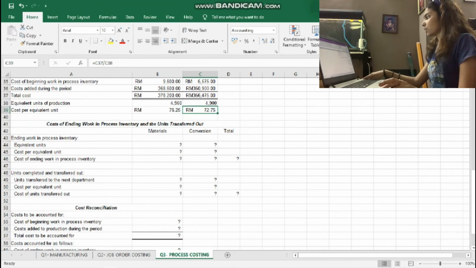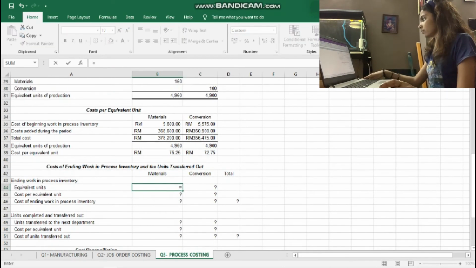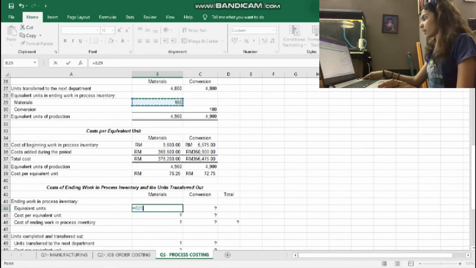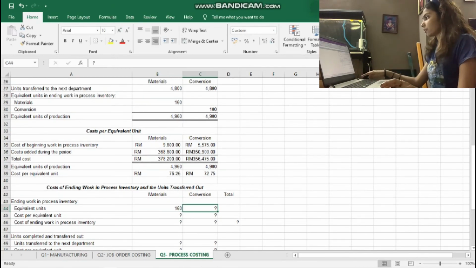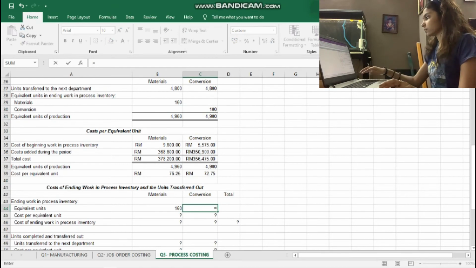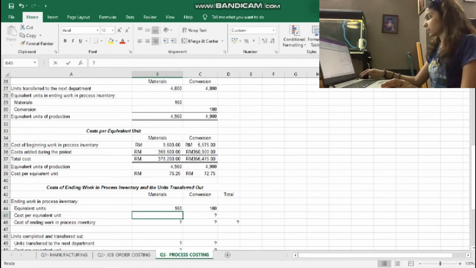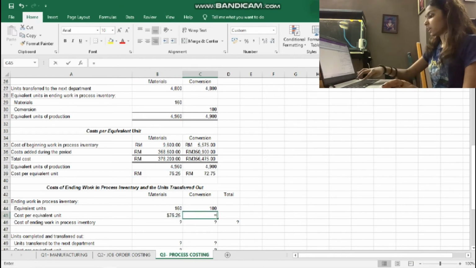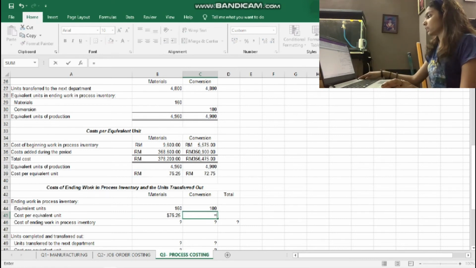Okay, the next is cost of ending work in process inventory and the units transferred out. Okay, for ending work in process inventory, equivalent units is, for materials is 160, for conversion is 100. And for cost per equivalent unit is 76 ringgit 25 cents for materials, and for conversion is 72 ringgit and 75 cents.